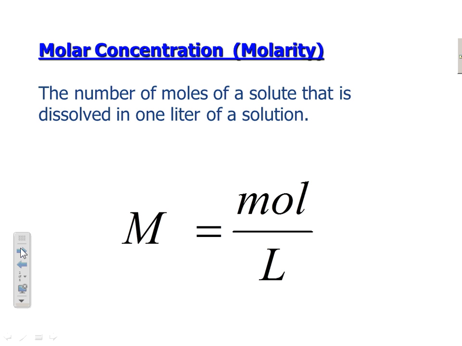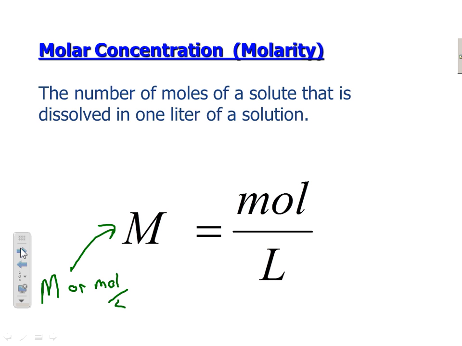So we have here the number of moles divided by the number of liters gets us our molar concentration, which is represented by a capital M. The unit can be written in two different ways. You can write it as a capital M, or you can write it as moles per liter, all right?